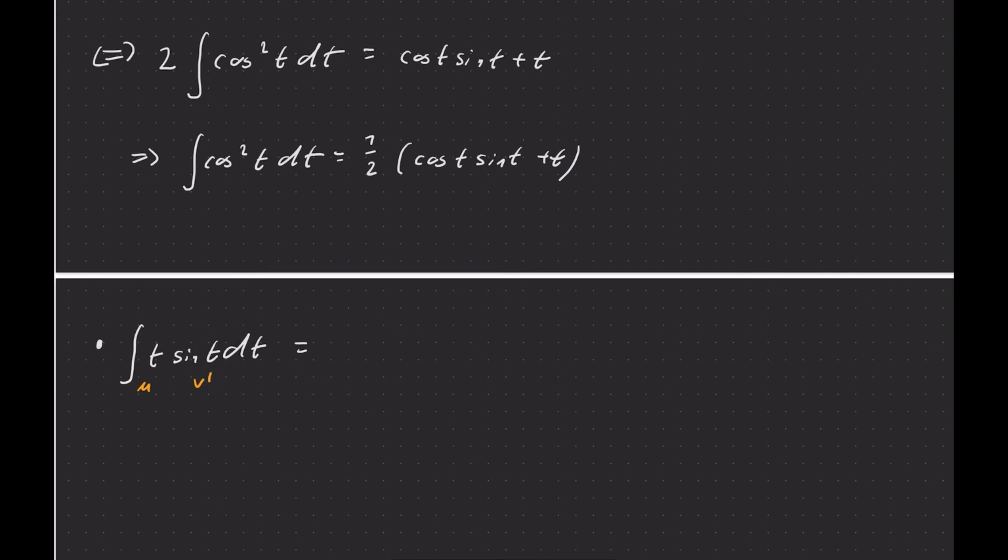And what we get here is now t times the integral of sine t. The integral of sine t is the negative cosine, so we have minus cosine t here. And then we need to subtract u prime, that's just 1, times v, and again v is the negative cosine, so this becomes a plus here.